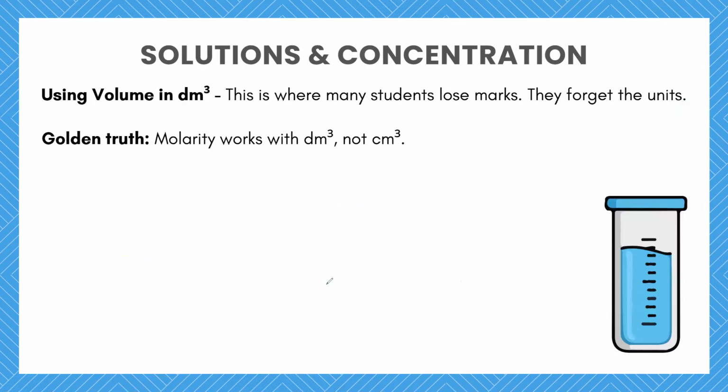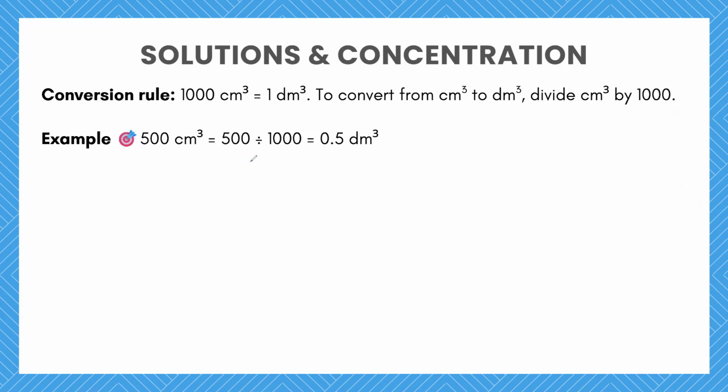Now, here is a caveat that you need to take into consideration. Many students lose marks because they forget the units. Molarity always works with volume measured in dm³ or in liters, not in cm³. Using cm³ would make you lose a whole lot of marks, and that's not what we want to happen.